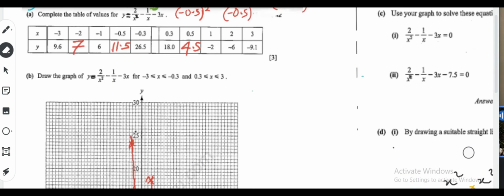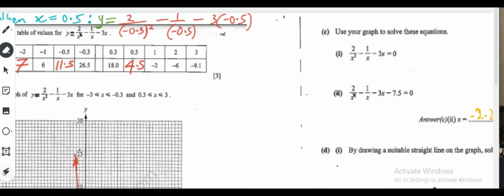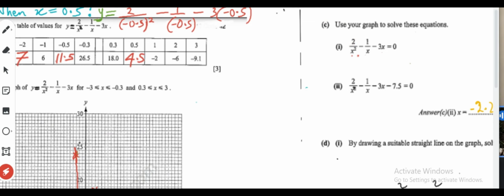Read it. Use your graph to solve this equation: 2 over x squared minus 1 over x minus 3x equals 0. So what do we do?